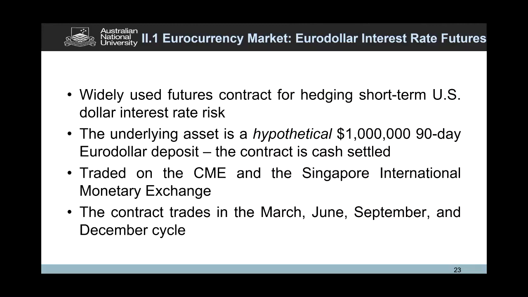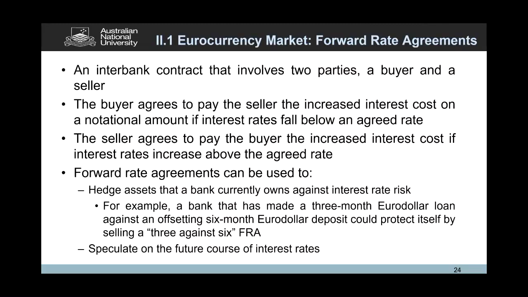So in this case, we're talking about a lot of interest rate risk. And so in typical finance fashion, we have to hedge our interest rate risk. And so we have a contract very much the same as what you would have in derivatives, a futures contract that can be used to settle on the interest rate.